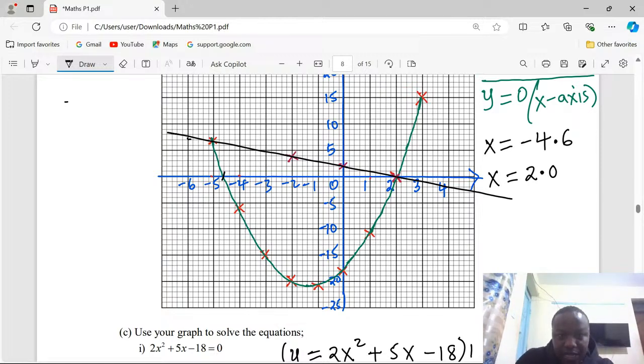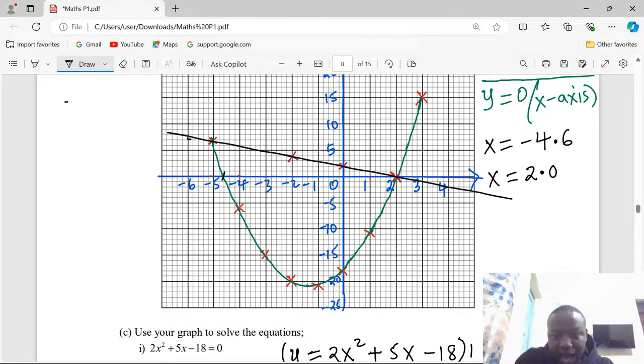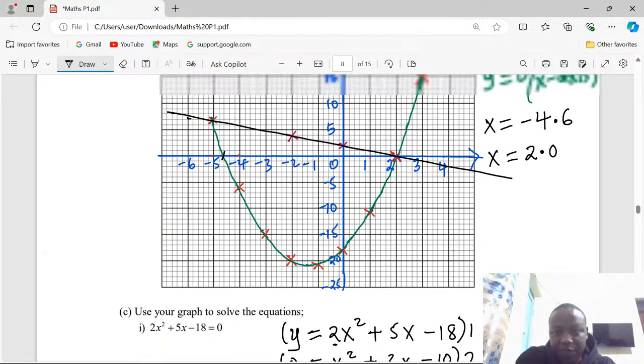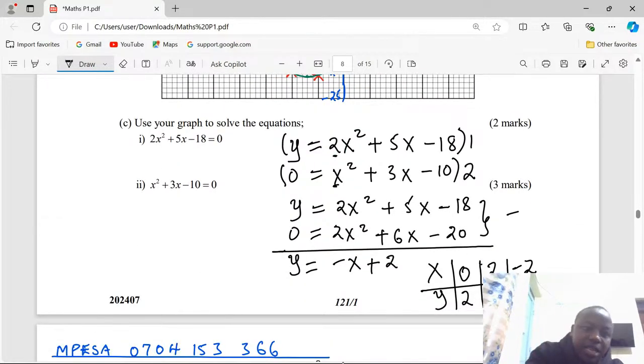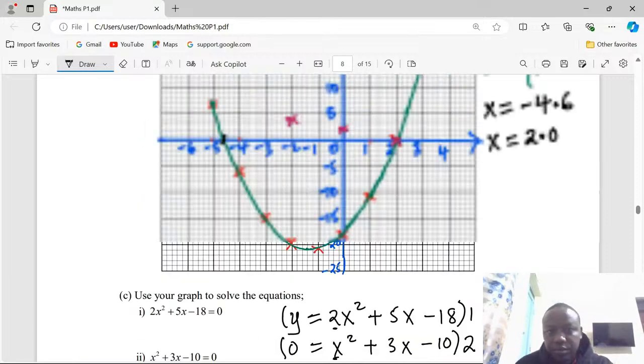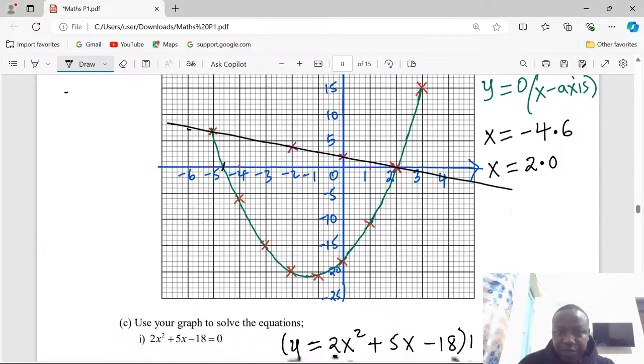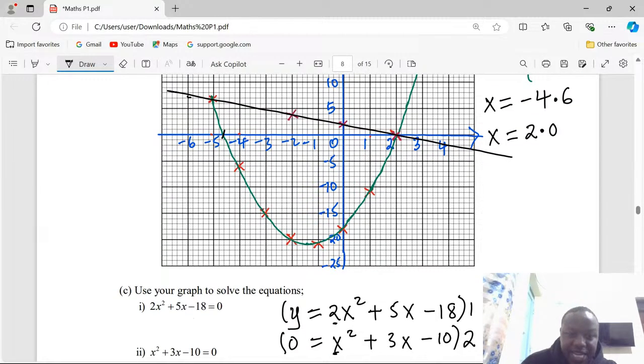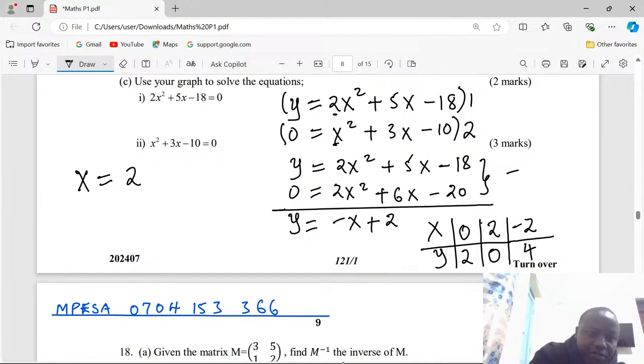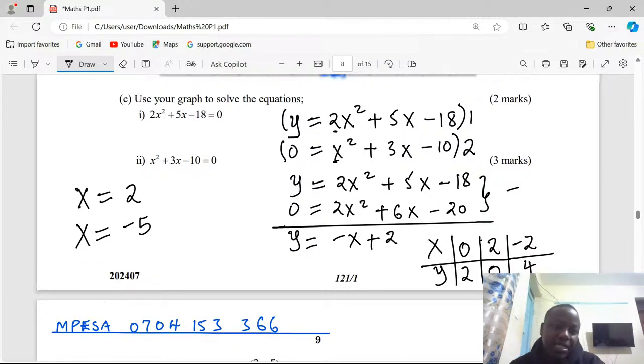Now we're going to look at the points where the line is cutting the axis. And we are saying for that second equation now, the values of x shall be +2. Yeah, because +2 is one of the values. Then the other one is -5.